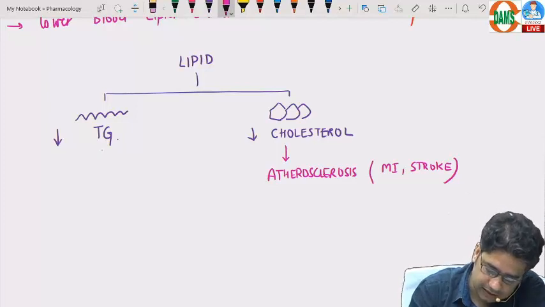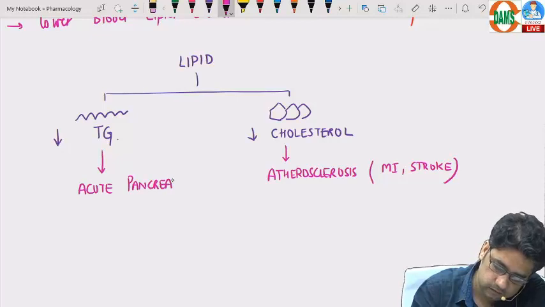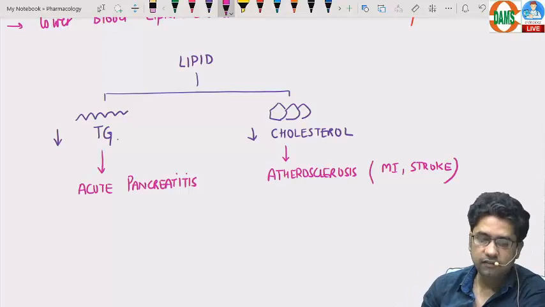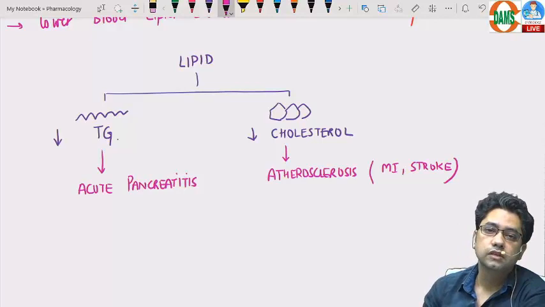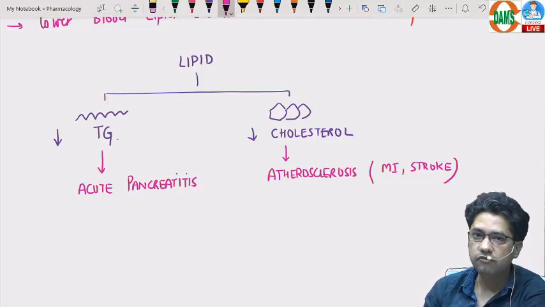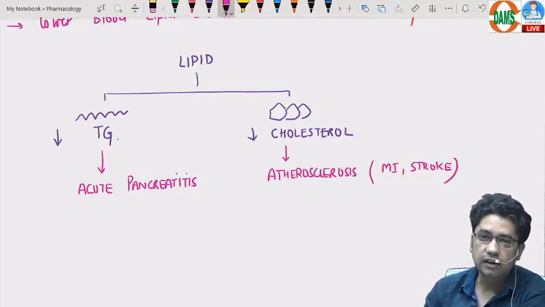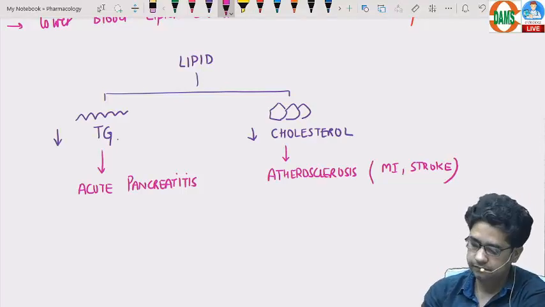Remember, increase in level of triglyceride causes one disease known as acute pancreatitis, which is a very dangerous disease. Increase in level of triglyceride causes pancreatic damage. Hence, if the patient has a very high level of triglycerides, we give hypolipidemic drug to prevent acute pancreatitis. तो ये बात फिलहाल आपने याद रखनी है.